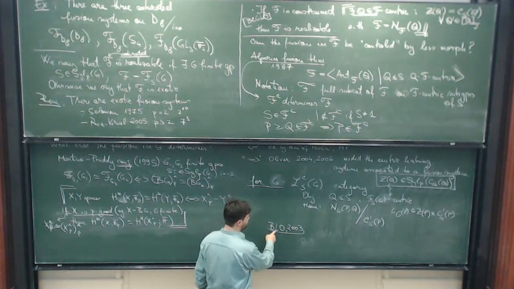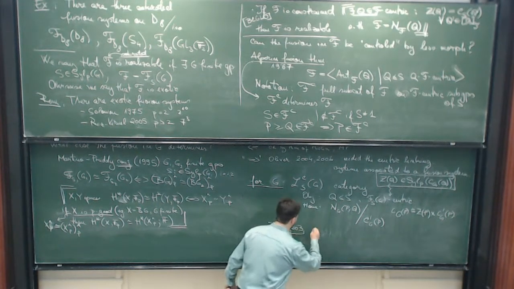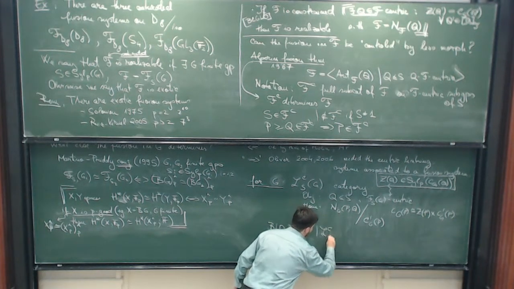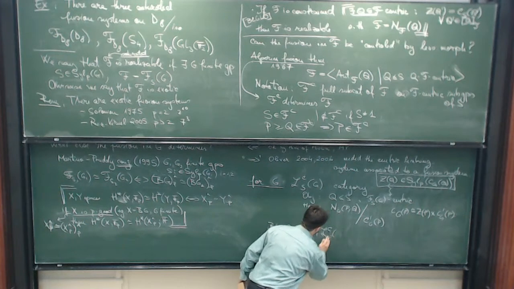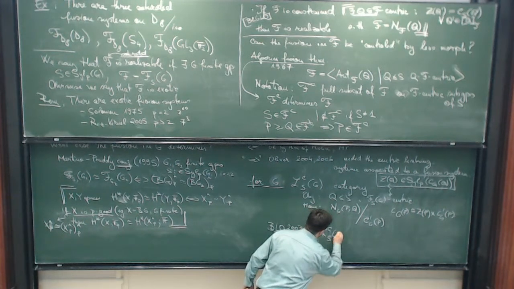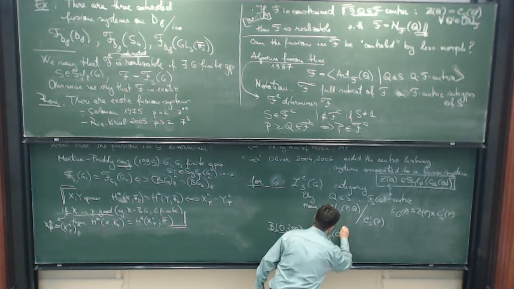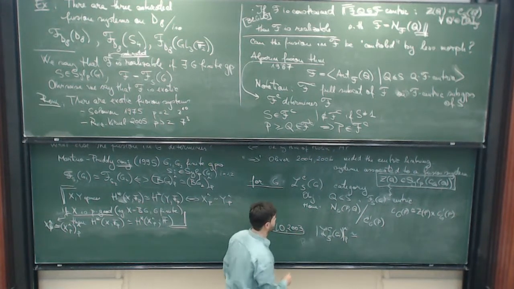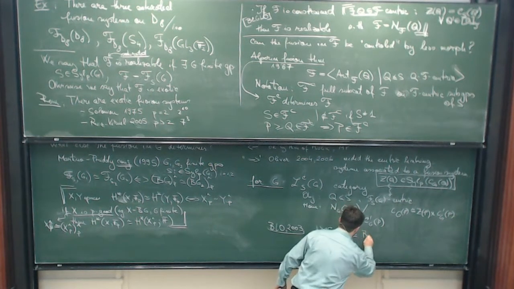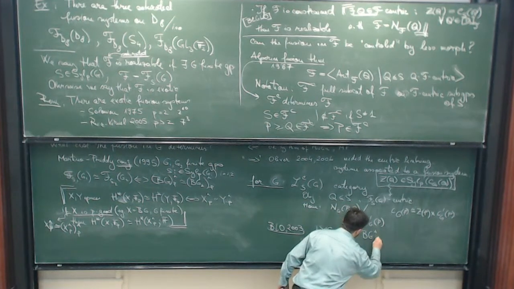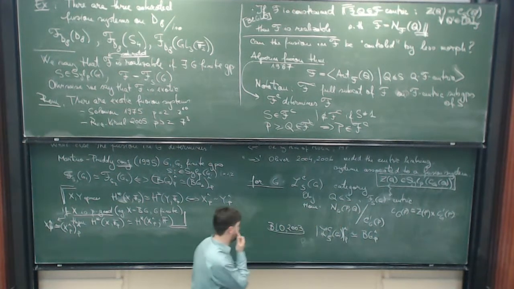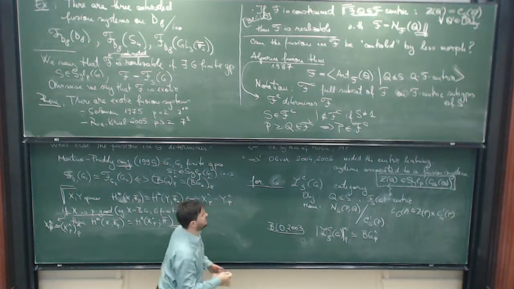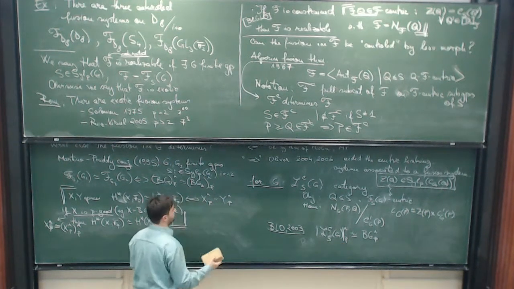So BLO showed that if you take the nerve of this category and you P complete, then you get something that's homotopy equivalent to the P completion of the classifying space of G. Okay. So in a sense, you see that one needs a little bit more.